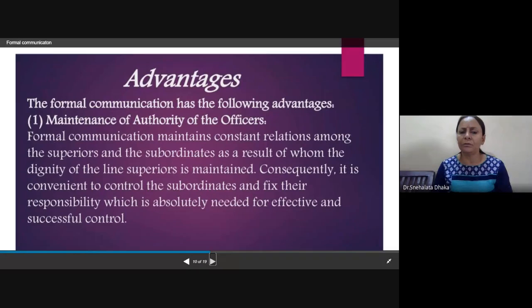There is communication among the people of the same level, and sometimes formal communication also happens in the cross direction channel. So all these directions we have discussed a lot in earlier classes, so we will not repeat the same information. Now, very important information that we have to discuss today, that is advantages.